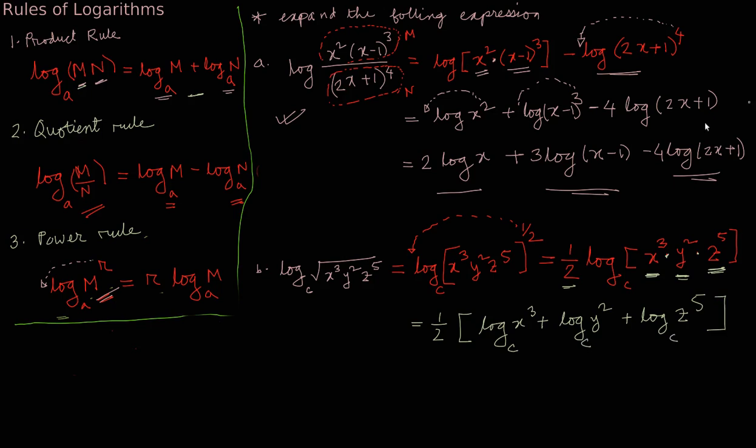Now notice one thing: that power 3 is going to come to the front, so I have half, then 3 logarithm x base c, plus that power 2 is going to come to the front, so it is going to be 2 logarithm y base c, plus that 5 is going to come to the front, so it is going to be 5 logarithm z base c.